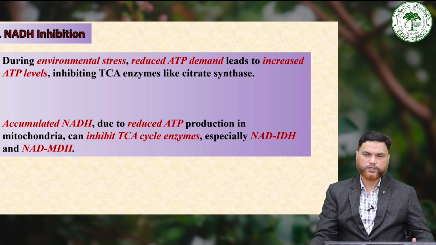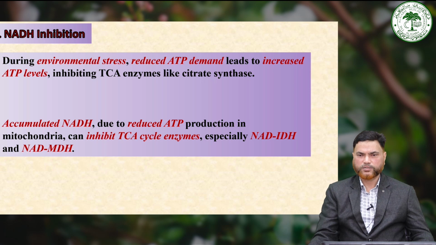Then malate dehydrogenase is another enzyme in the TCA cycle that catalyzes the conversion of malate to oxaloacetate. MDH, like IDH, uses NAD as a cofactor in the reaction. Malate dehydrogenase is very sensitive to levels of NAD and NADH. An increase in NADH levels can inhibit MDH activity.